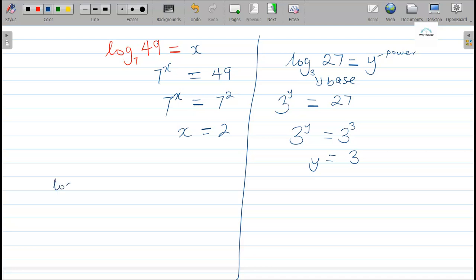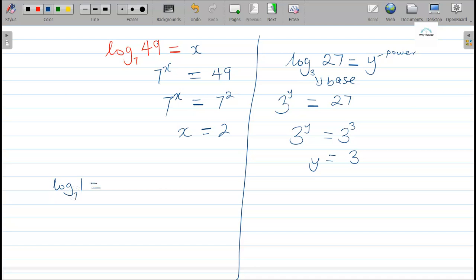Let's try another question: the log of 1 to the base 7.